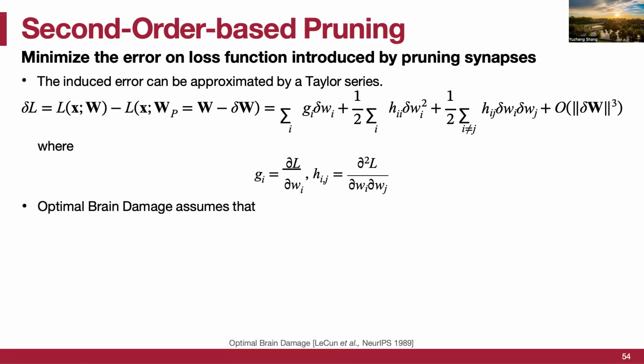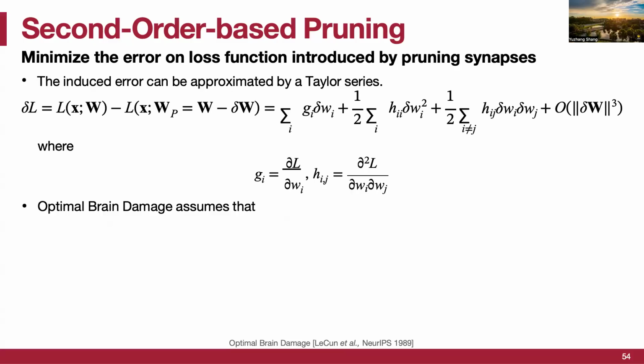So for this error, we can approximate it by a Taylor series, right? The Taylor series is just a Taylor equation. We can expand the equation into different order terms, right? Basically, if we expand the whole function into the second order Taylor series, we can get this.